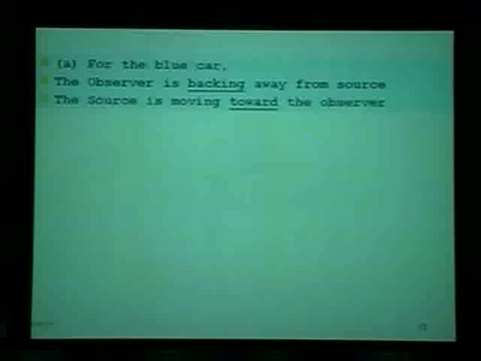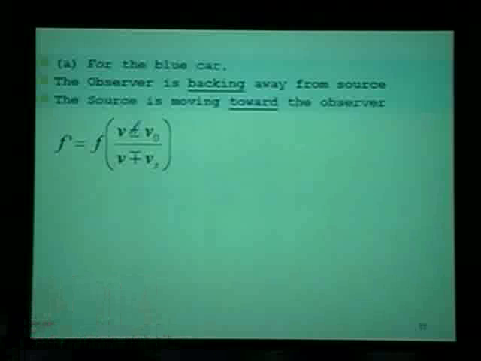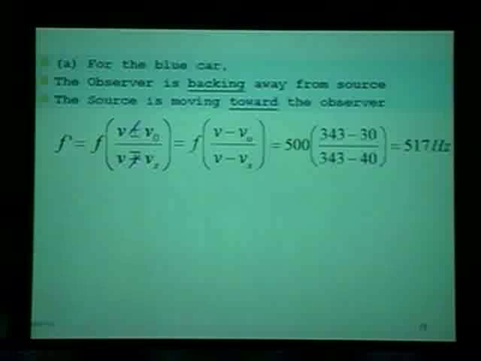The source is moving toward the observer. So in our Doppler formula, the observed frequency will equal the actual frequency, 500 hertz, times the velocity of sound, 343, and we'll use the minus sign because the observer is backing away, so we'll use the bottom minus sign, 30 meters per second for the velocity of the observer, over the velocity of sound, 343, and we're going to use the top minus sign in the denominator because the source is moving toward the observer at a speed of 40 meters per second.